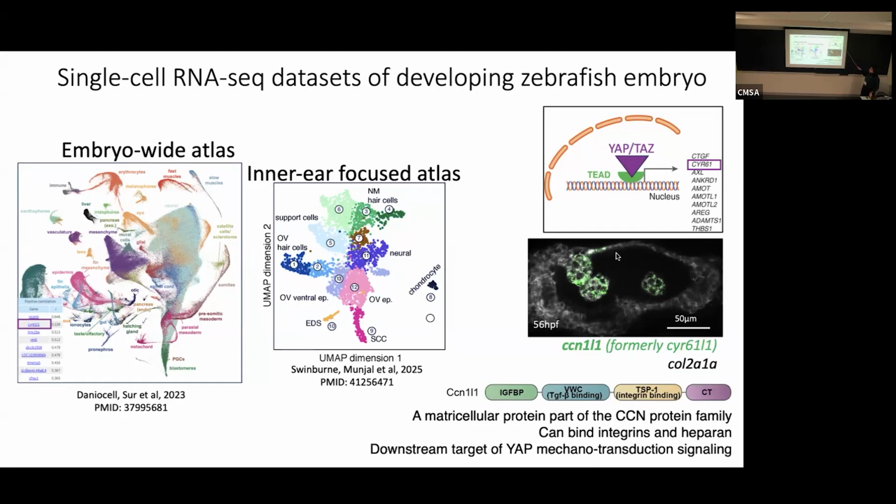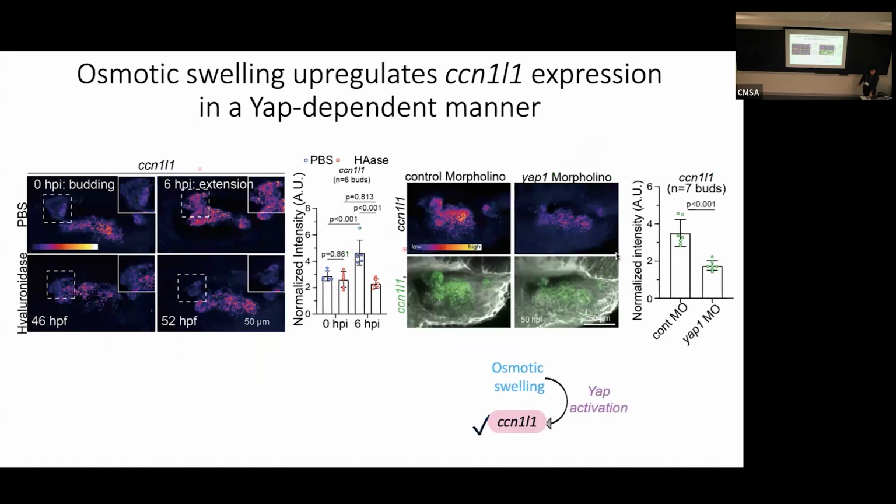In fact, this picture is from a very old review, and they listed it as one of their key targets. And the expression of this YAP target is where we expect it to be, where morphogenesis is happening, where these buds are forming. So is this CCN1L1 indeed a YAP target within the developing semicircular canals?